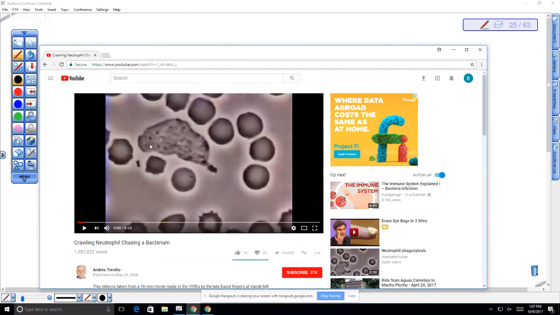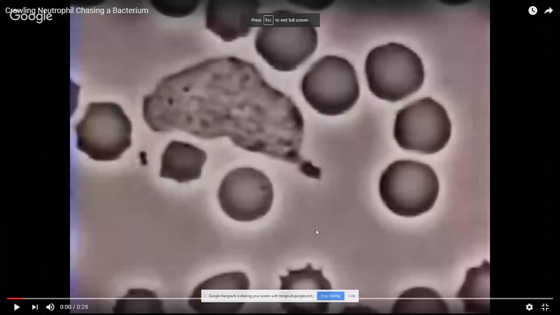Notice how much larger the eukaryotic cell is than the prokaryotic cell, which would be the bacteria. The neutrophils are able to detect the bacteria because the bacteria is producing a chemical. It's going to look like it's chasing the bacteria, but it's actually following the chemical trail that is laid down as the bacteria moves.